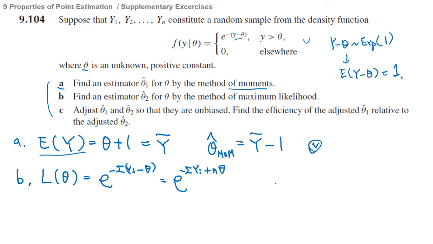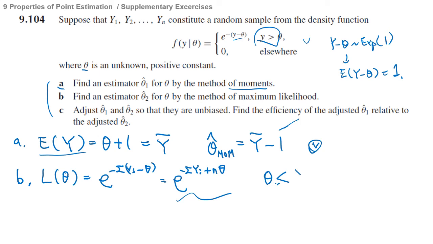This is the likelihood function, and there is also a constraint: the y's are greater than theta.